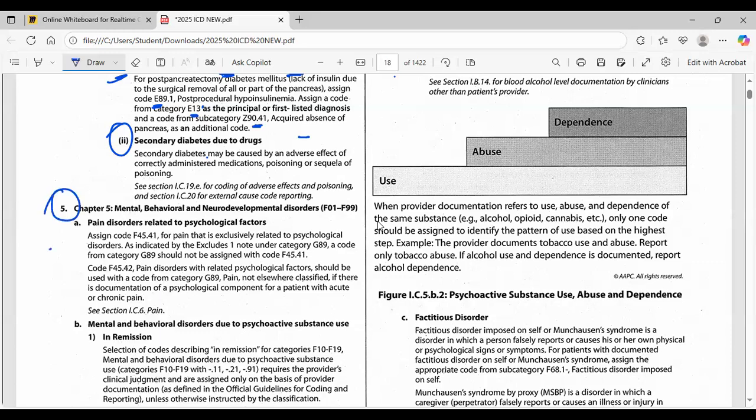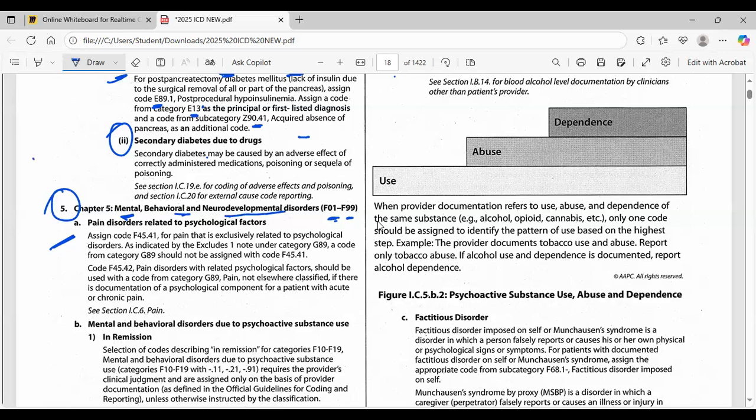So our chapter 4 is completed now. Now we have to start chapter number 5. So chapter number 5 starts from series F01 to F99. You have to use codes from series F01 to F99 whenever a patient has any mental, behavioral or neurodevelopment disorder.